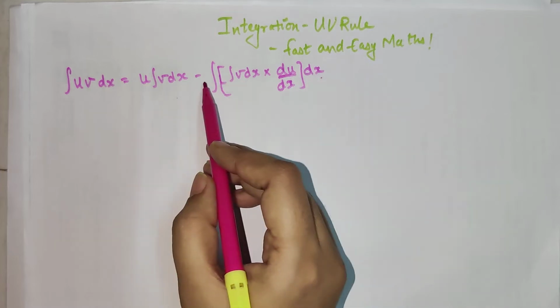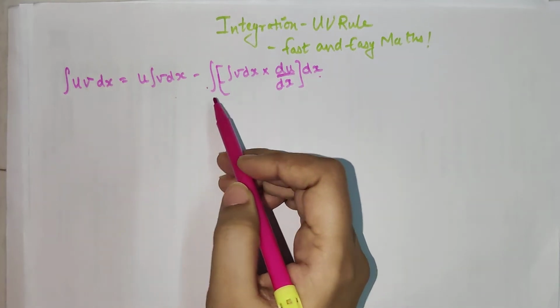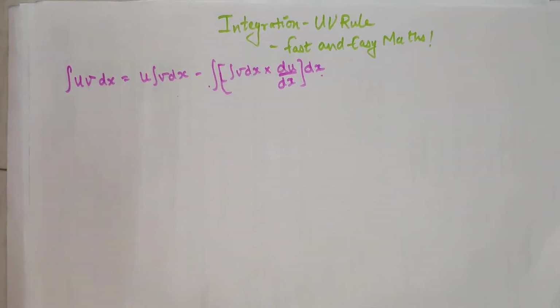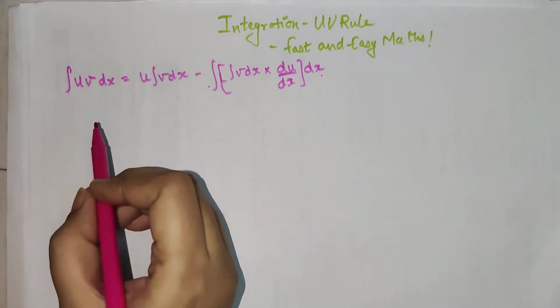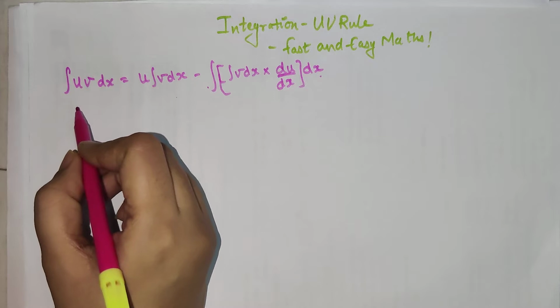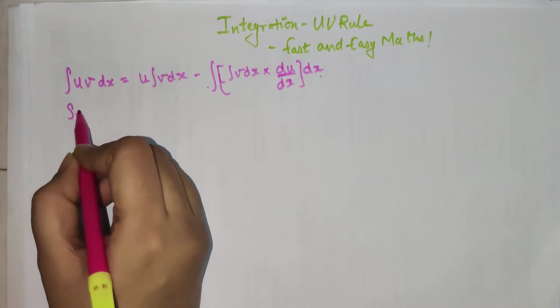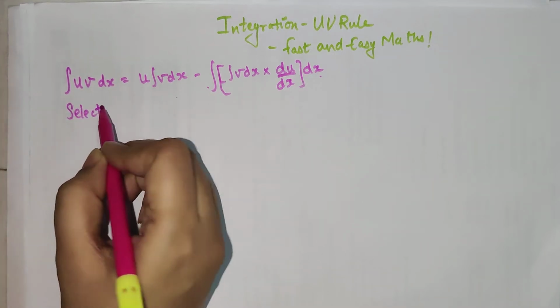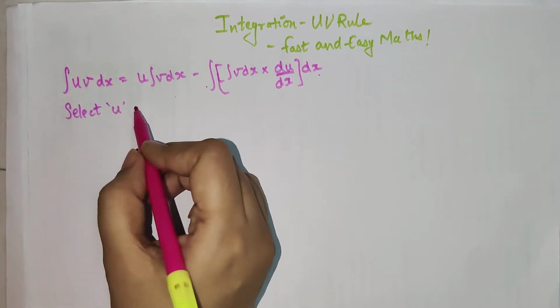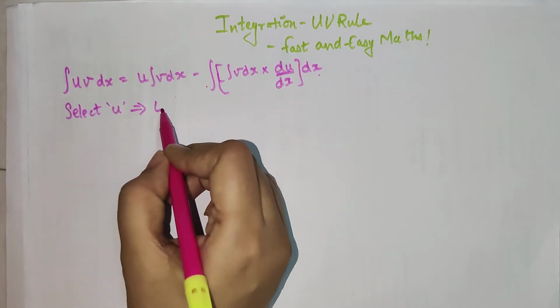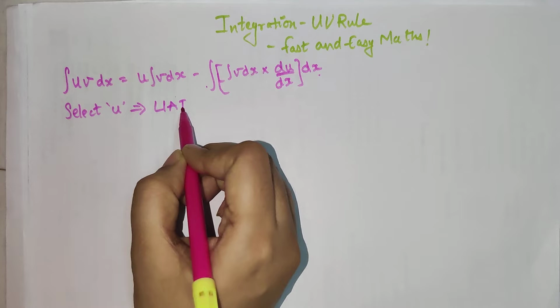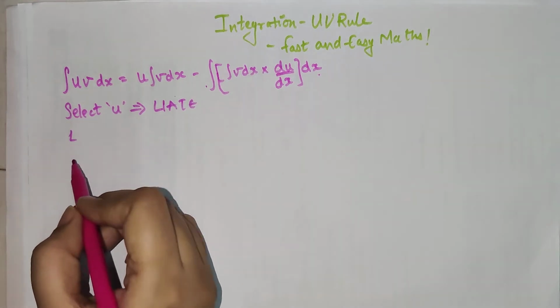So this dx is with respect to this particular integral. Why is this rule so important? Because it is very important to select your U on the basis of the LIATE rule. So we write LIATE.